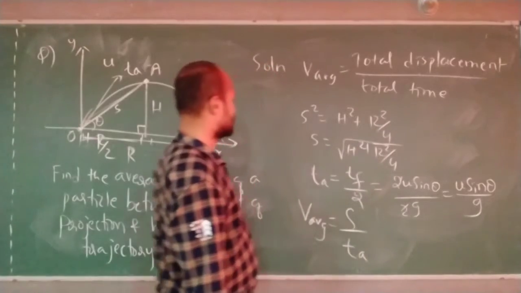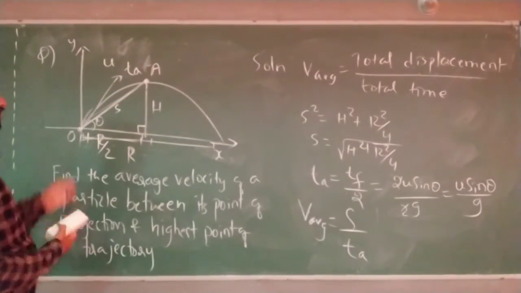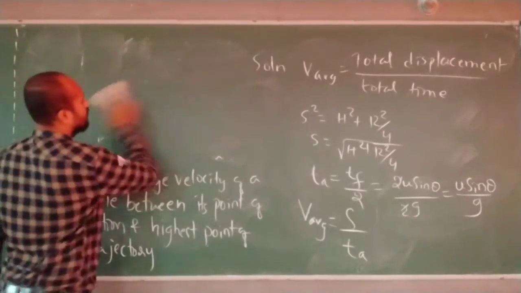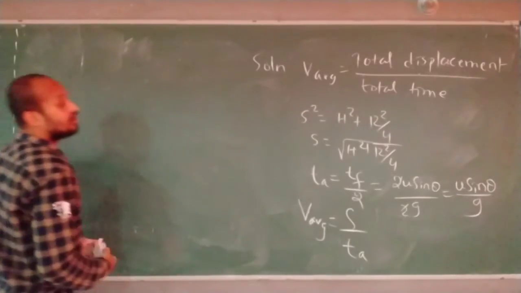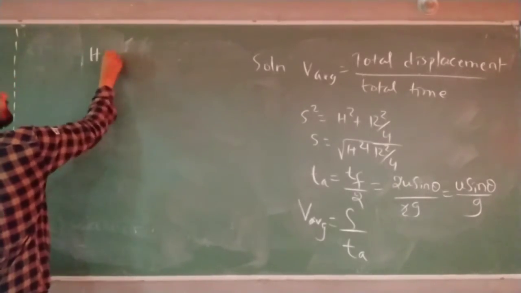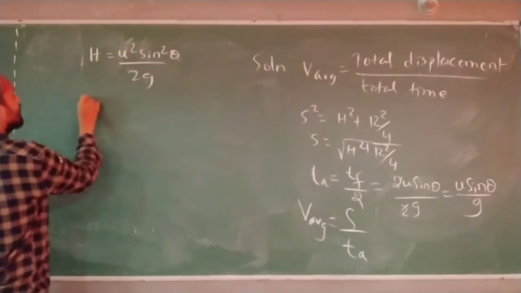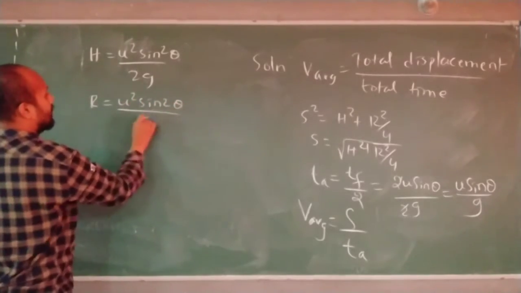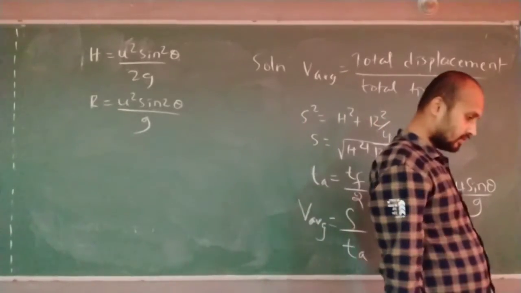Let us find H and R. H is equal to u square sin square theta by 2g. R is equal to u square sin 2 theta by g.